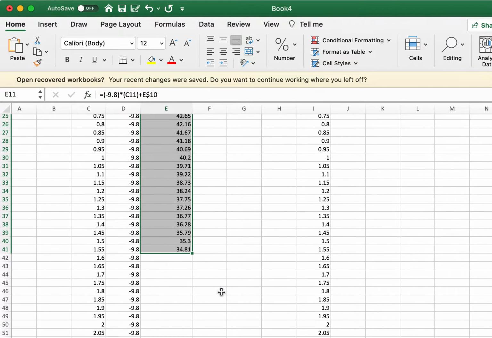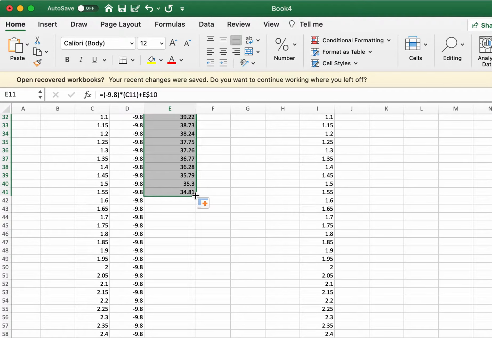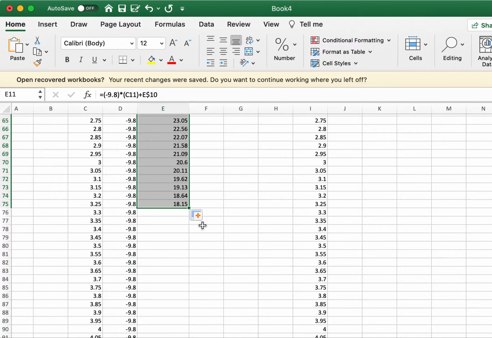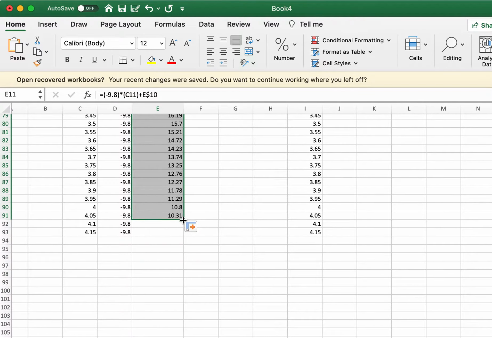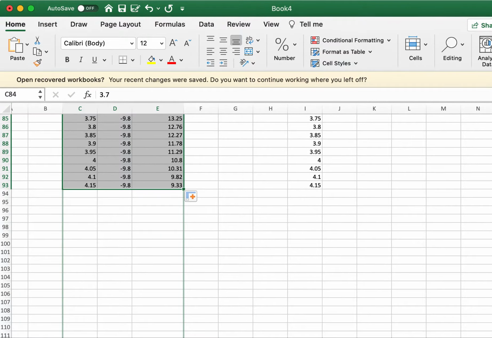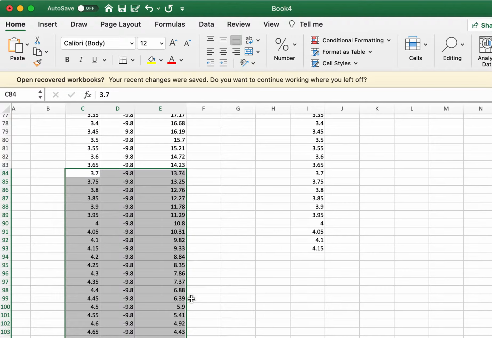So okay, we can see the velocity is decreasing. All right, so just keep dragging it down, and we'll see if we can find when there's an important change. Might have to go way down. Okay.